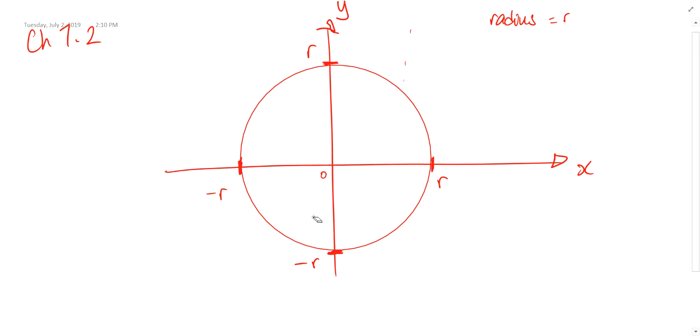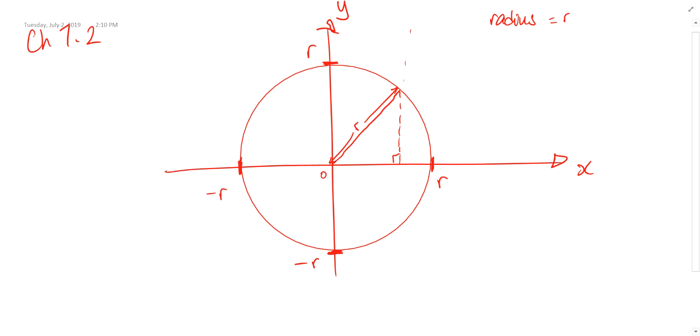Now, I'm going to form a right angle triangle over here. Can you see the right angle triangle? What is the length of the hypotenuse? Good. This is R. That's the length.